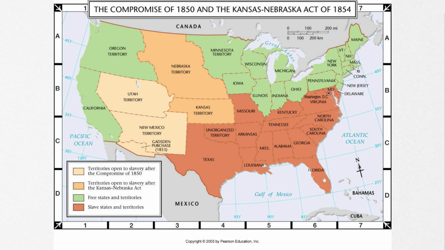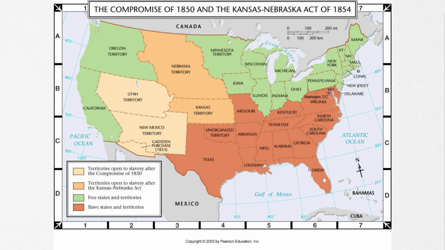And here you see a map of the Compromise of 1850 and the Kansas-Nebraska Act of 1854, what it would have done. And essentially, the Kansas and Nebraska Territory were unorganized territories which were not open to slavery by the dictates of the Missouri Compromise.